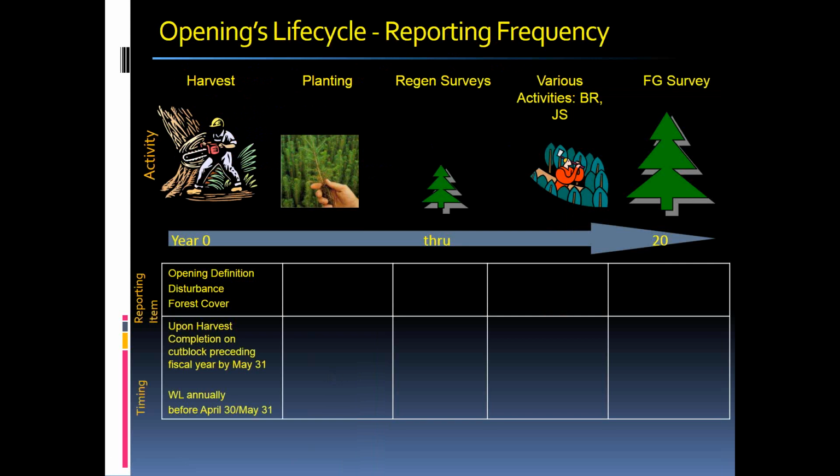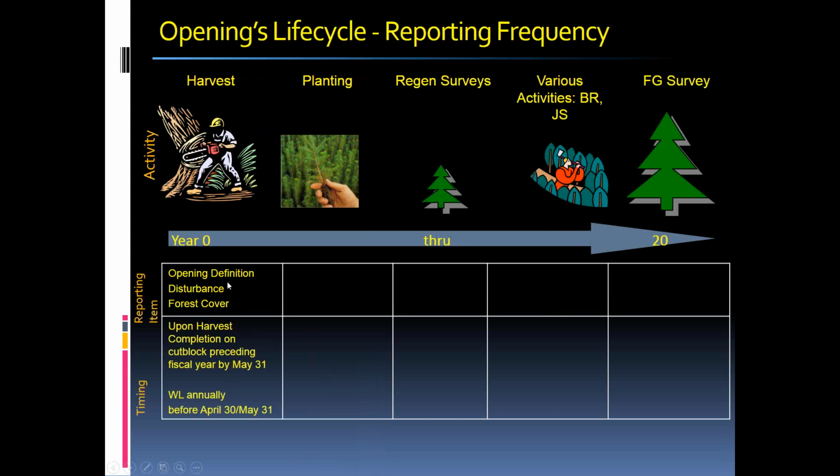So starting at the beginning, when we have reporting that takes place, again, this is speaking back to the legislation requirements. Upon harvest completion, for a fiscal year, there's a requirement to report on or before May 31st for major licensees, and there's a different deadline for woodlots.